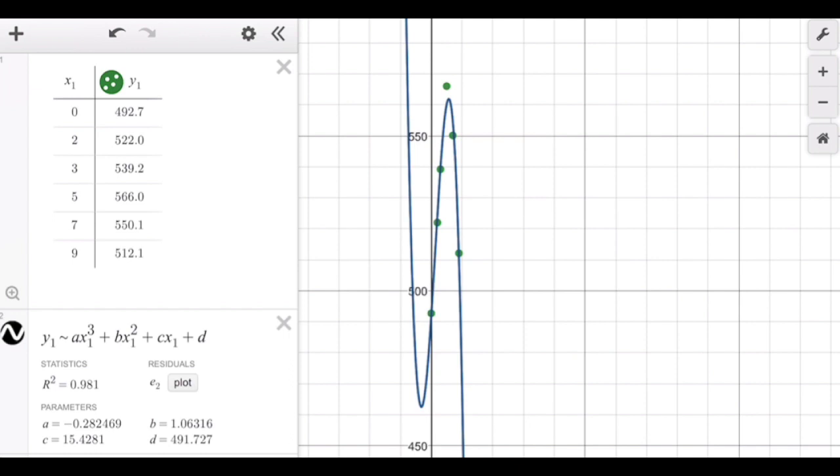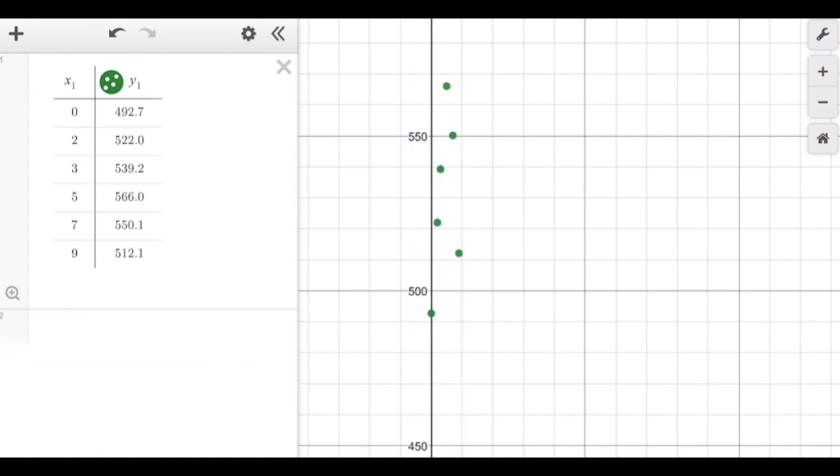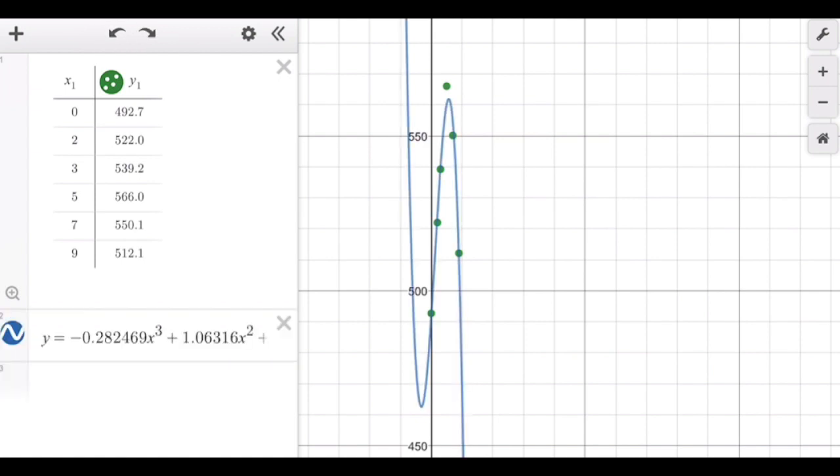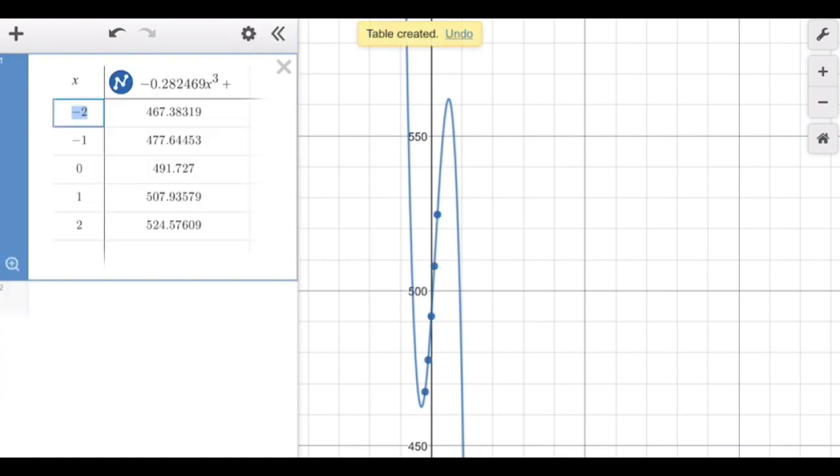It's a pretty close fit to those points there. Now I'm going to get rid of this value here so that I've just got my data values and I've got my equation. I can now use the table feature based on this graph. I'm going to get rid of this table, and here I'm going to add my table to the equation which we have created. So I can find out f of 1, which is given.